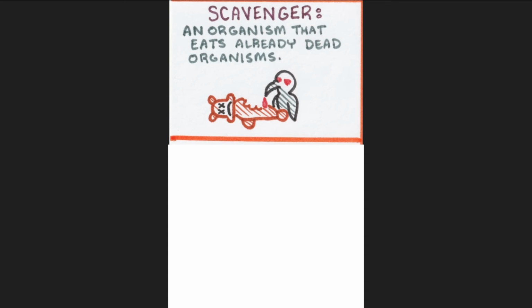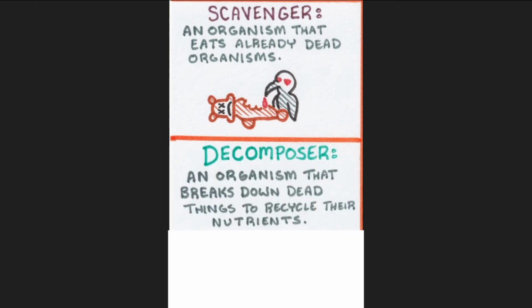Now, after that occurs, after the buzzard has had his fill of the dead roadkill, what comes along? Decomposers. Decomposers are organisms that break down dead things to recycle their nutrients. And they break things down all the way down to the chemical level. They actually rip apart what the organism is made out of so that they can recycle those nutrients back into the ecosystem.